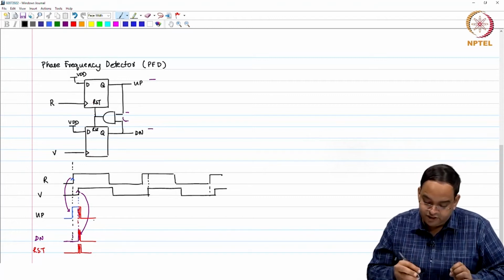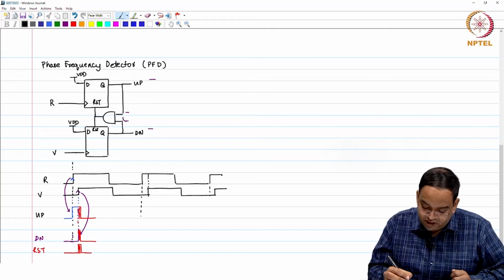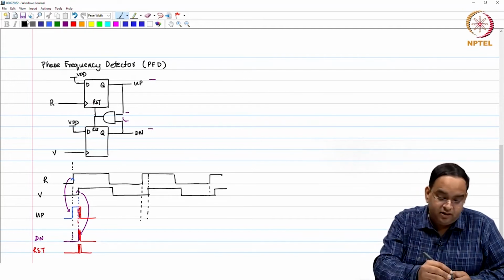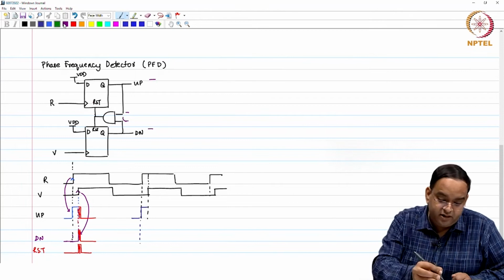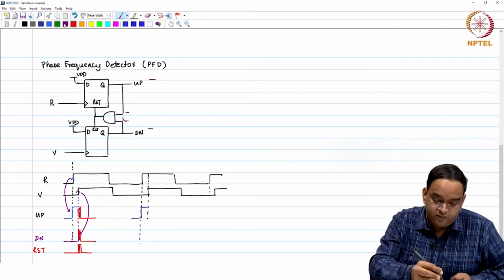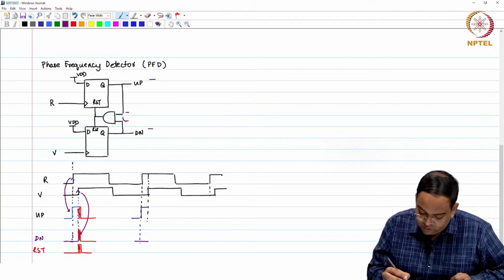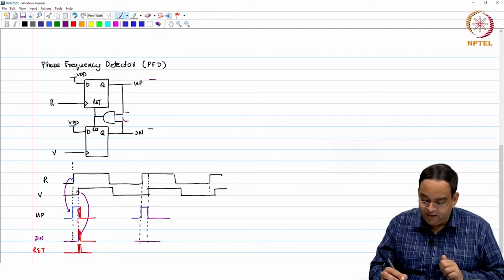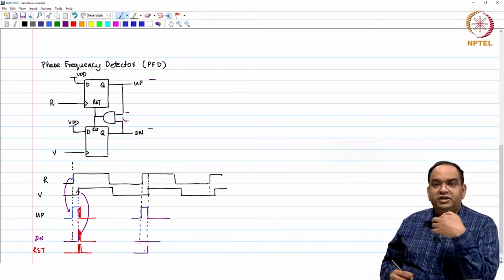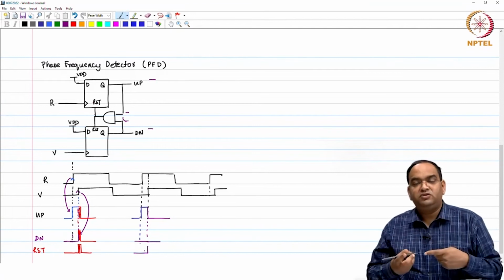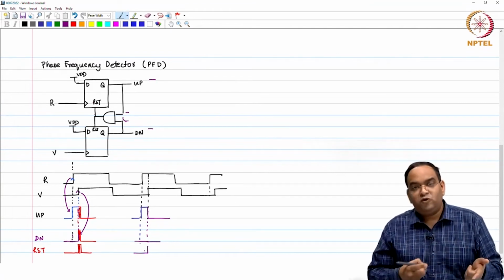One exaggeration for this, I will show you on the other edge: my up signal goes high here, and as soon as I get my rising edge on the V signal, my down signal goes high, and up was already high.